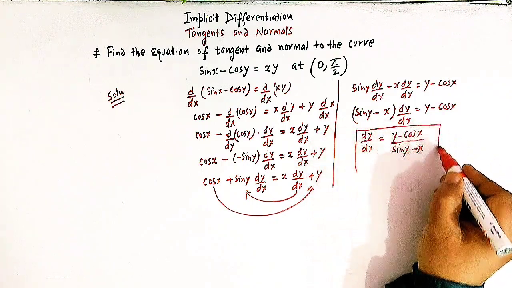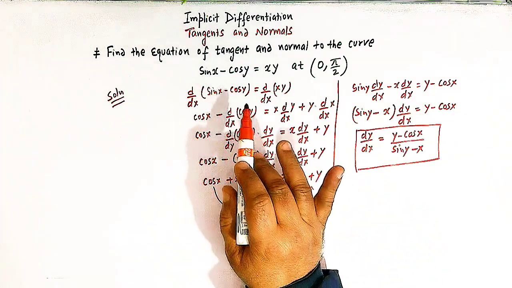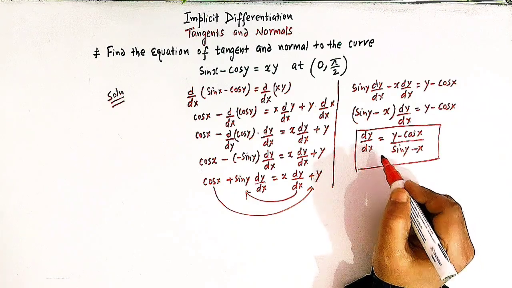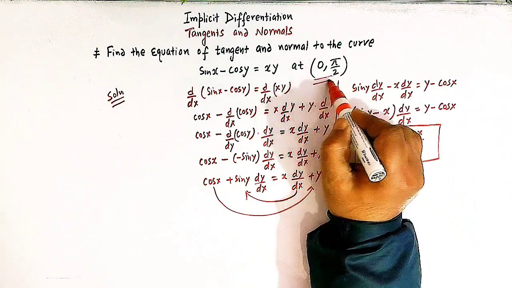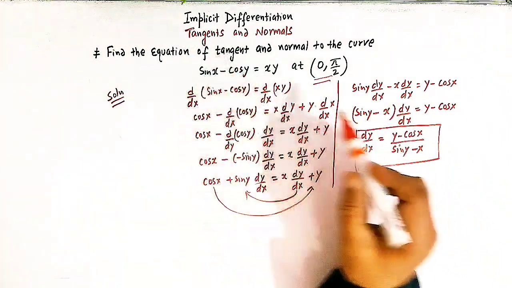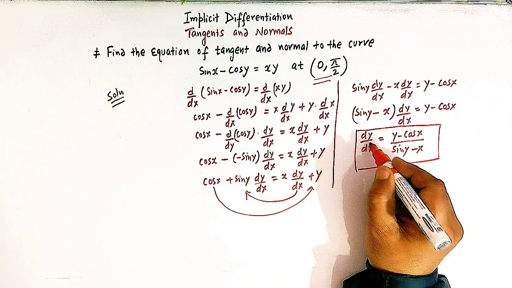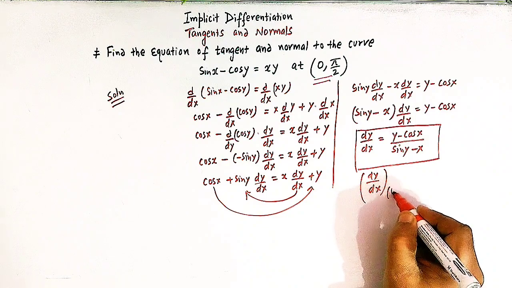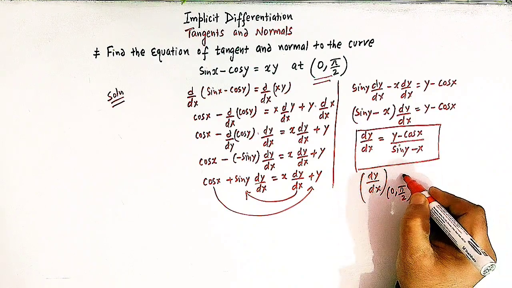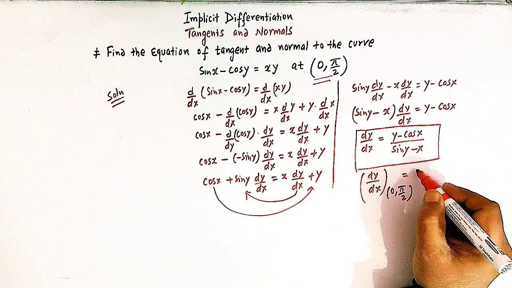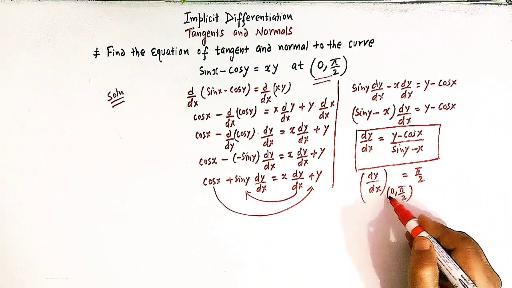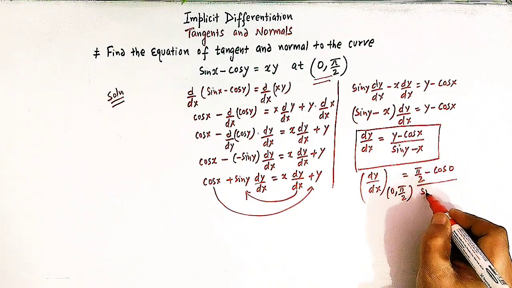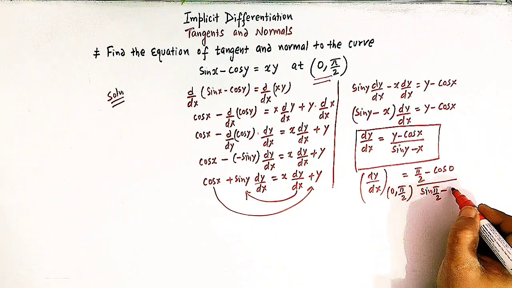So by method of implicit differentiation we have obtained the derivative of y with respect to x, right? Now we have to find the slope of the tangent at this point. So let us find out the value of the derivative at this point, that is 0 comma pi by 2, right? Taking y equal to pi by 2 and x equal to 0, we have cos of 0, then sine of pi by 2 minus 0.